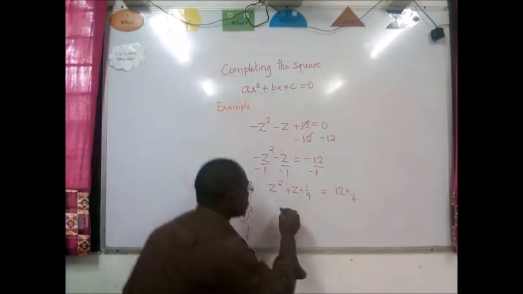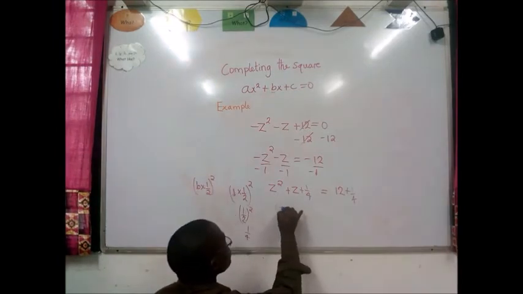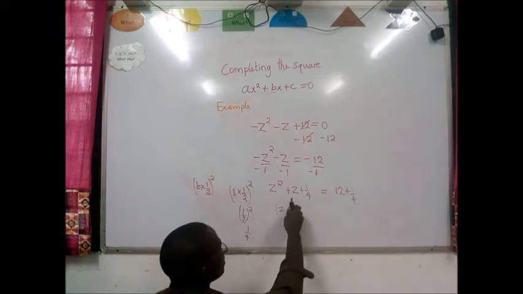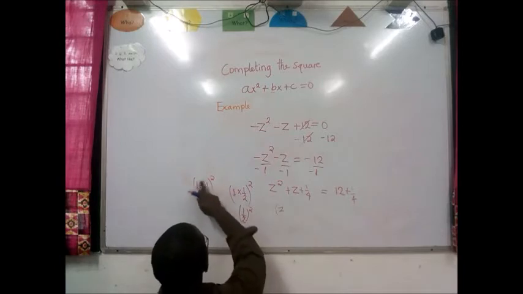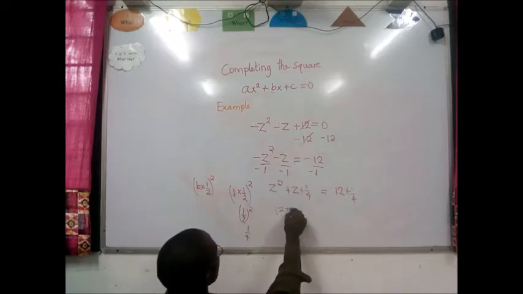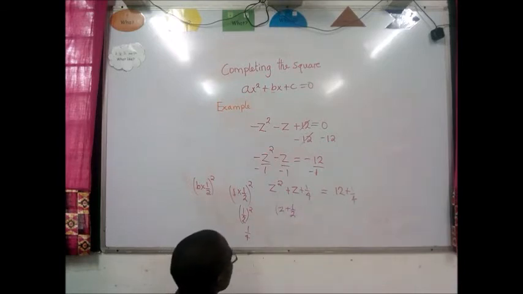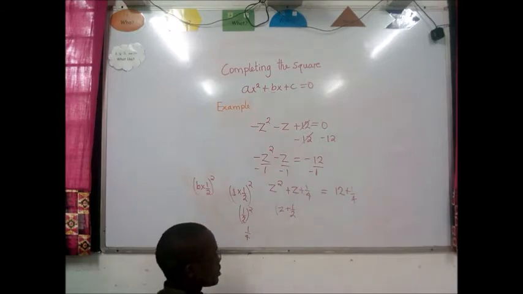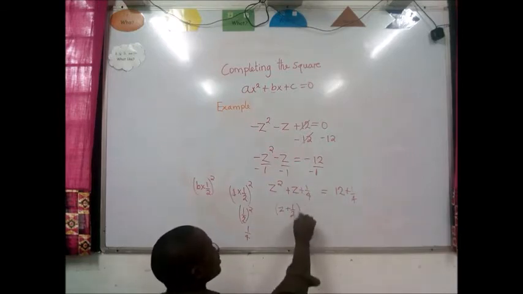So this is our perfect square. What we add inside here is b, which is positive, so it's plus half, because the coefficient, 1 times half, is half, and then we square.